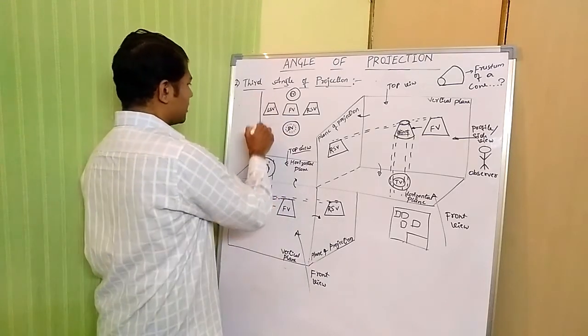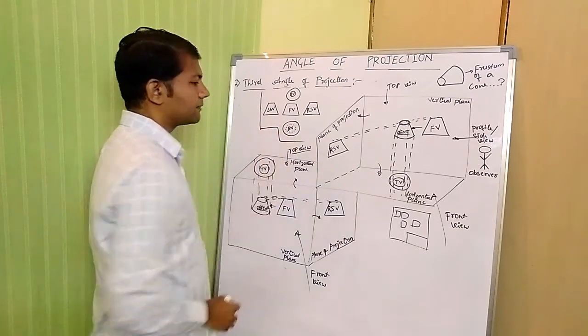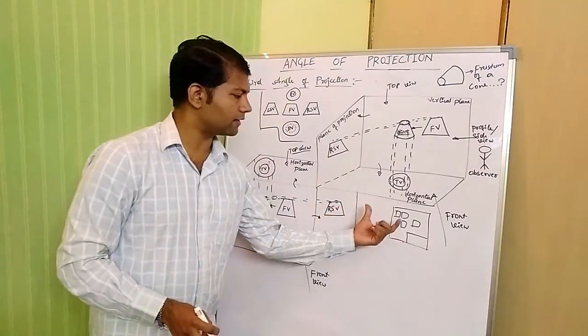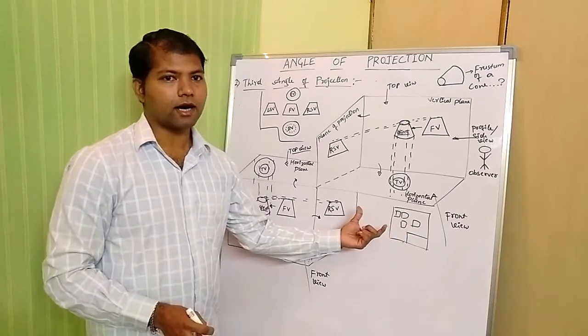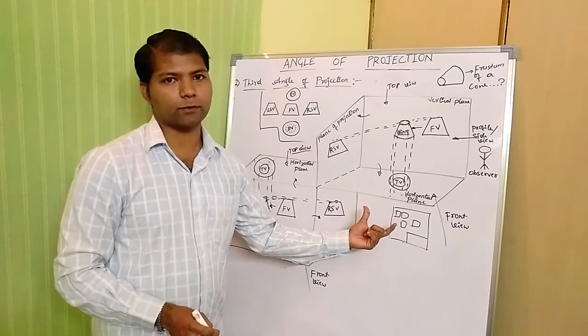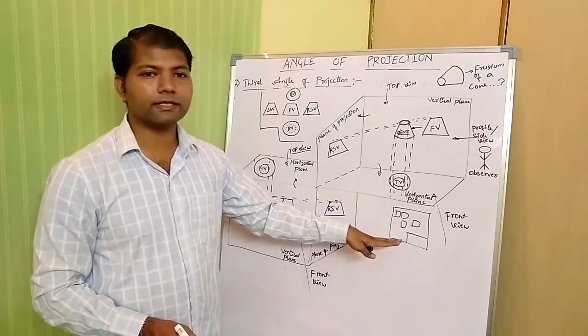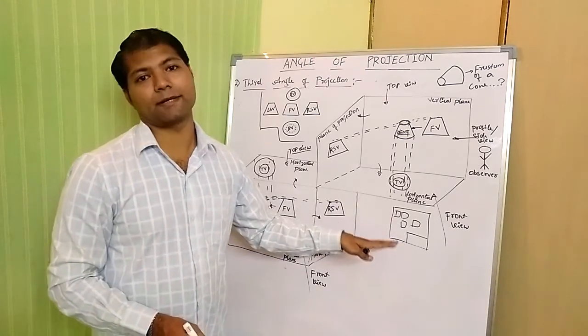Again I come to this arrangement. Coming back to the drawing sheet, if you have n number of views and you want to identify which angle of projection it is, that can be done with respect to the symbolic representation.